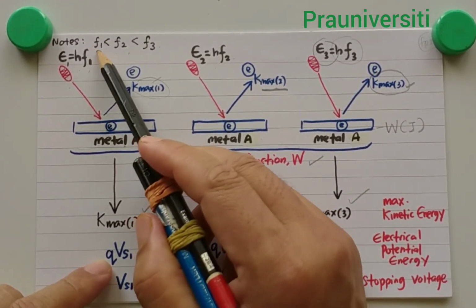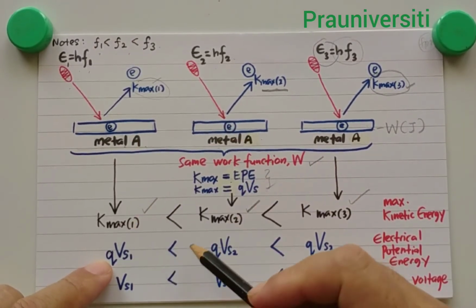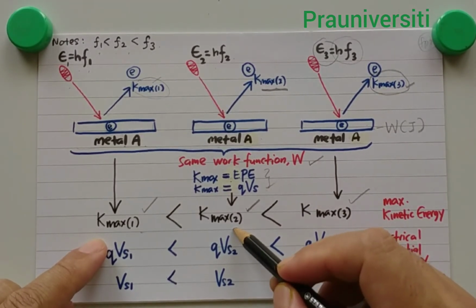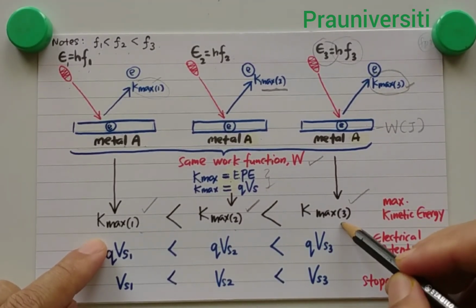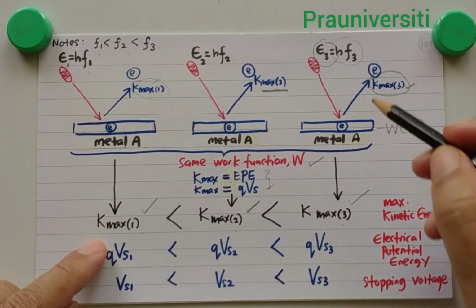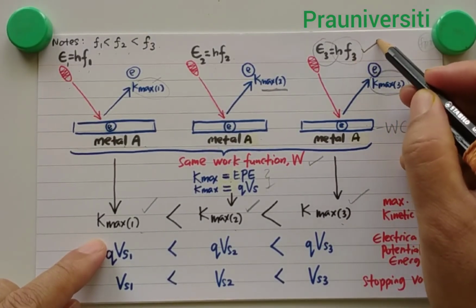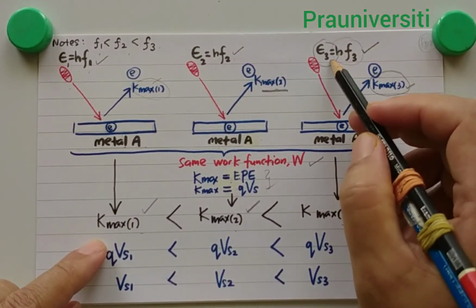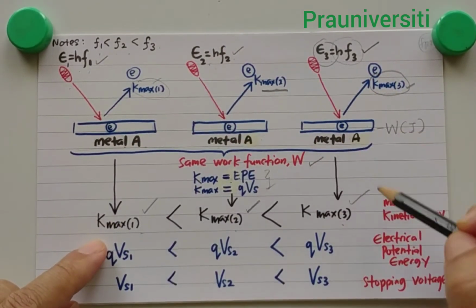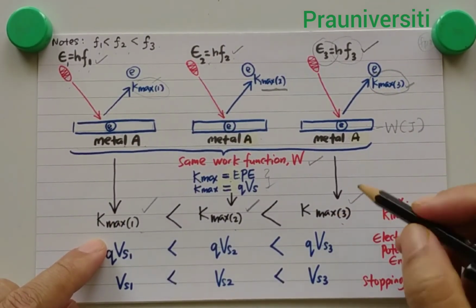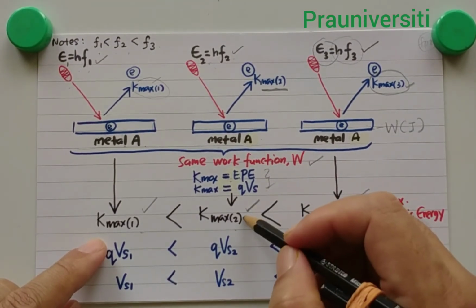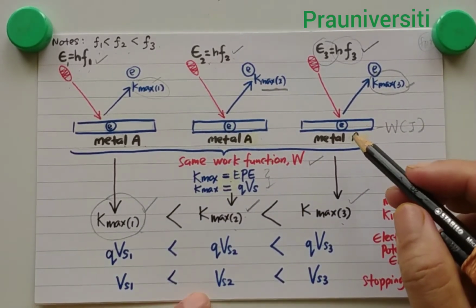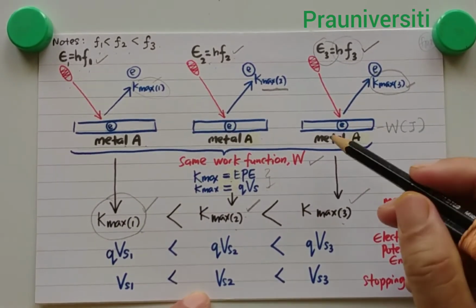The frequency F1 is less, so the maximum kinetic energy is also less compared to Kmax2, and compared to Kmax3, because F3 is bigger than F2 and F1. The energy of the photon E3 is bigger than E2 and E1. That explains why Kmax3 is bigger than in diagram number 2 and diagram number 1.